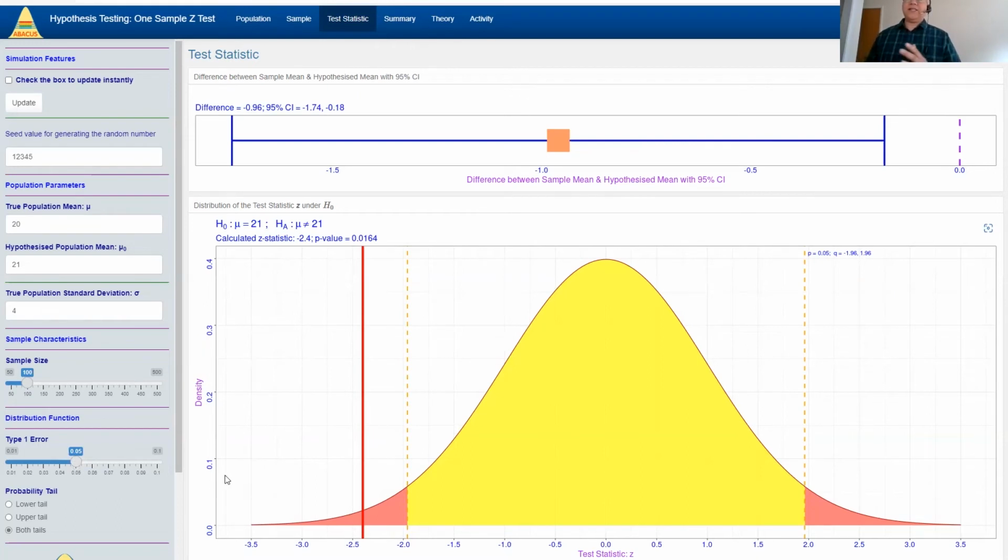So basically we can afford less than 5%. That's our limit. And because it is committing less than 5%, we say here we reject the null hypothesis.